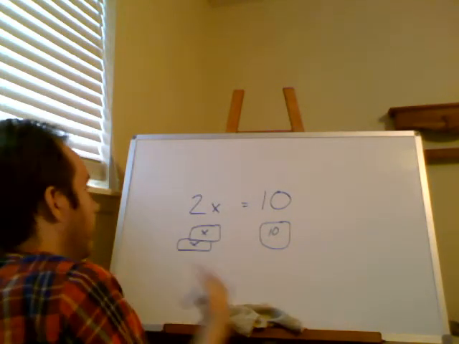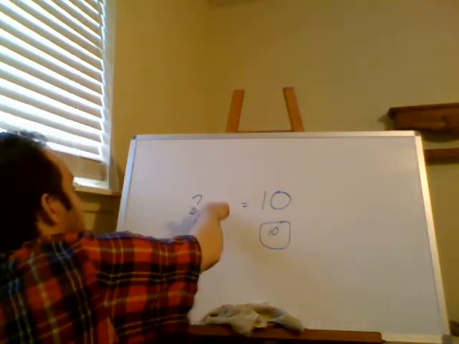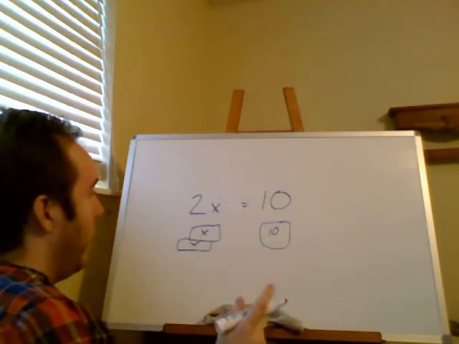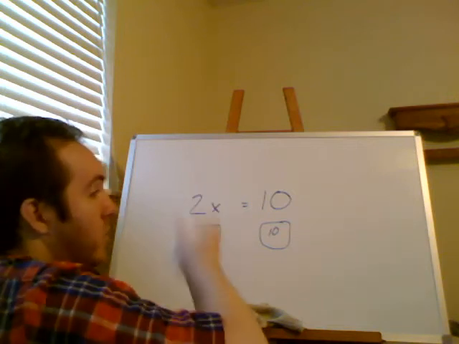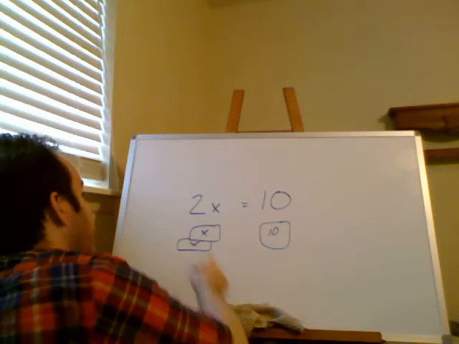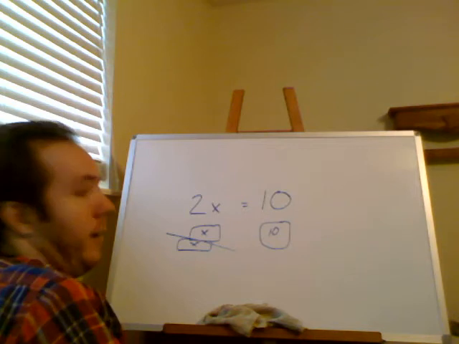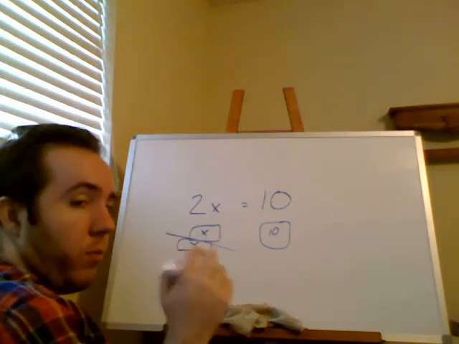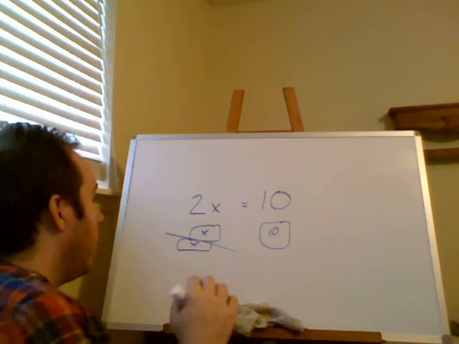But there's no value we can subtract. But we see there's two of them. There are two groups of x pounds. And one way we can get it down to just a single x is to divide it in half, okay? If there's 2 and you divide it in half, you'll get just the one group, okay?